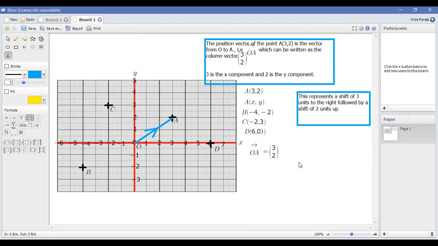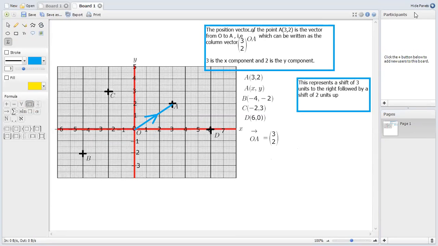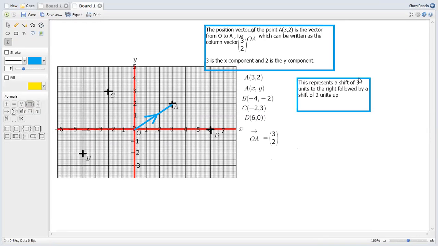Alright, now put some more space on this thing. Alright, so let's say we get some space.